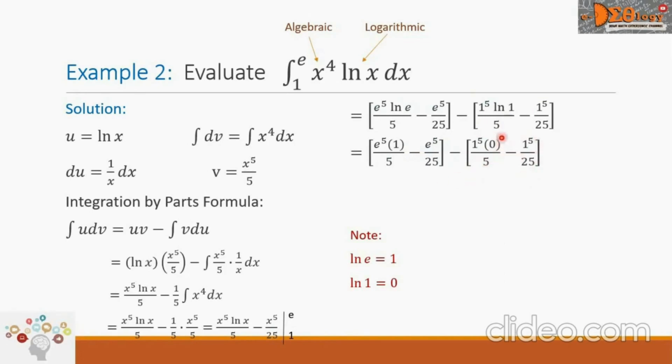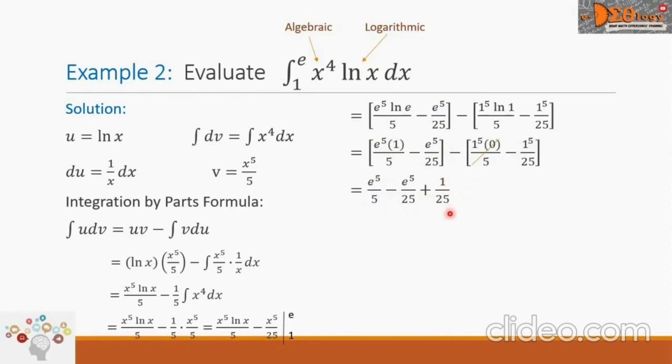Simplifying further, the 0 here in the numerator will make this fraction equal to 0. So we have now this e raised to 5 times 1 becomes e raised to 5, minus, we copy this fraction here, this minus and minus becomes plus, 1 raised to 5 is 1 over 25.